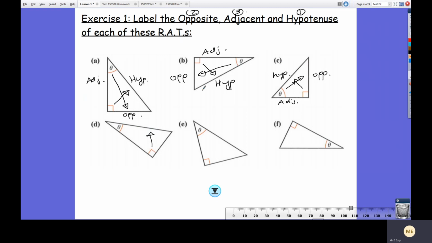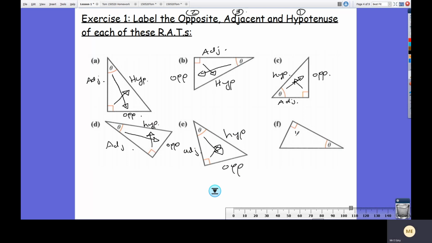Worst case scenario, you can rotate your exam paper. So that is the hypotenuse, opposite, and adjacent. Hypotenuse, opposite, and adjacent.